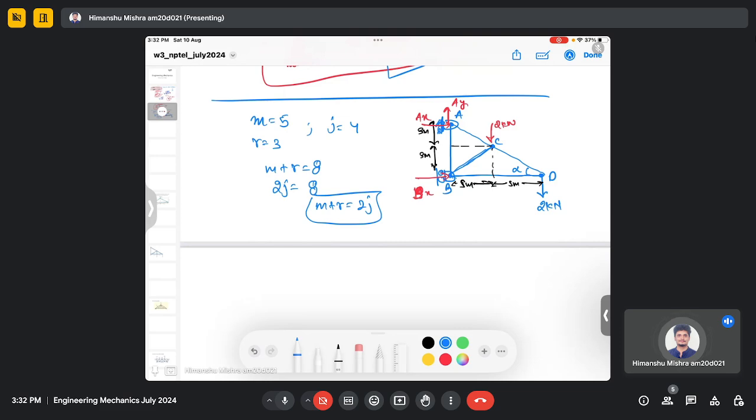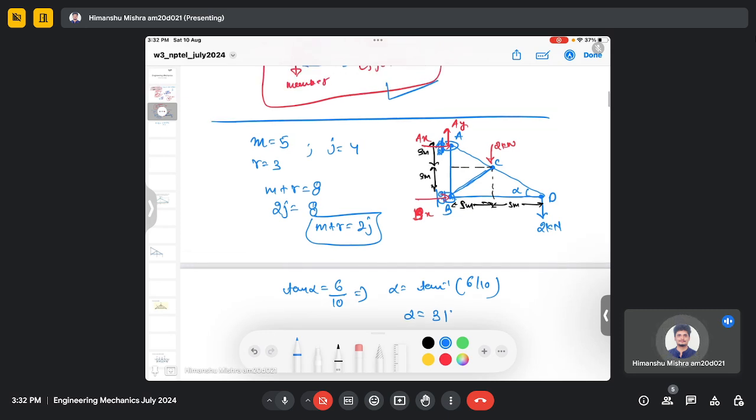Angle alpha can be found out by tan alpha equals 6 by 10. So alpha will be tan inverse 6 by 10, which is 31 degrees. So this is my alpha.